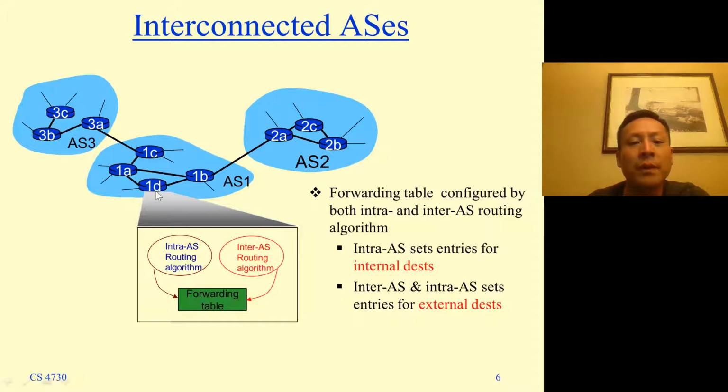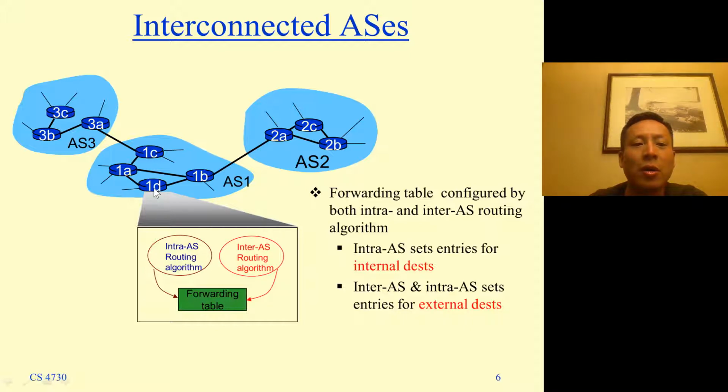So in other words, both the inter-domain and the intra-domain routing algorithms decide the overall forwarding table inside this router. For example, for an external destination, it needs to be handled by both.